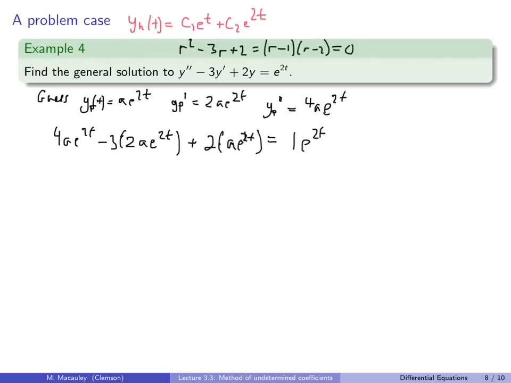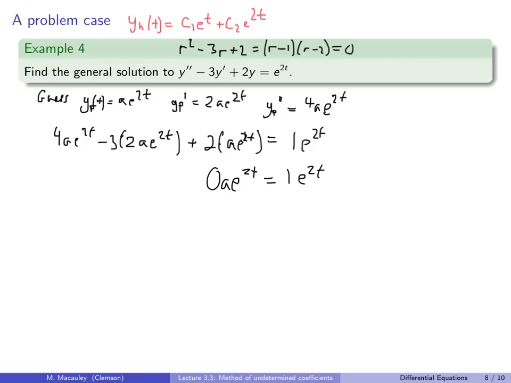So let's collect terms, and what do we get? We get 4a minus 6a plus 2a equals 1. So that's a 0 times a e to the 2t equals 1 e to the 2t.